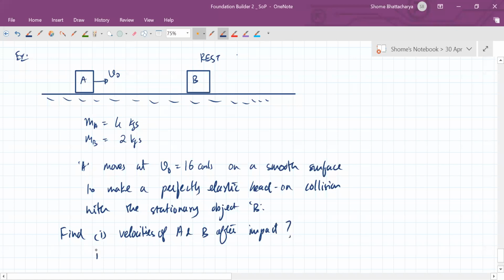And the collision impulse by A on B or B on A. How much impulse they apply on each other as a result of the impact.